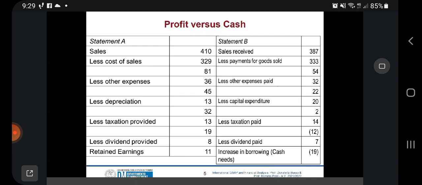Maybe you have heard about prepaid expenses. Usually prepaid expenses are prepaid rent or prepaid insurance, but not only. It may be prepaid inventory. You give advances to your suppliers and you will receive the merchandise and inventory later, okay? This may be one reason.